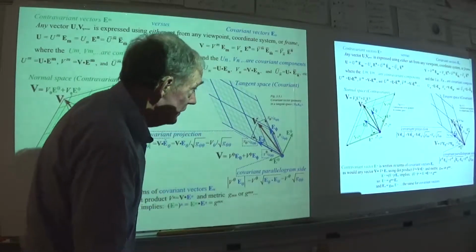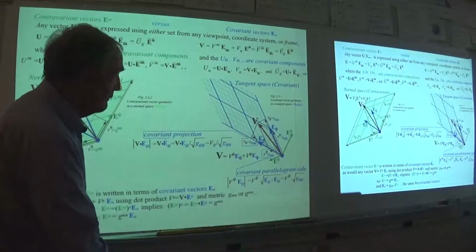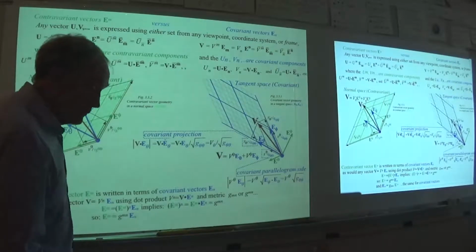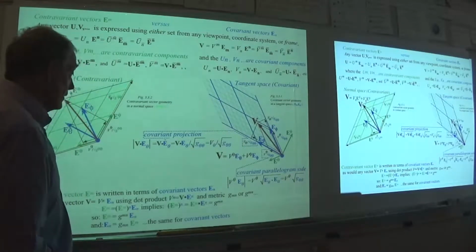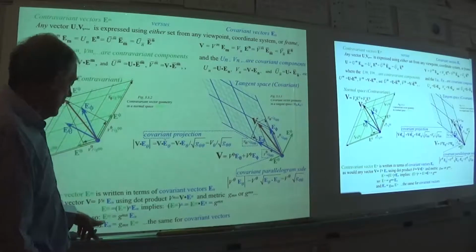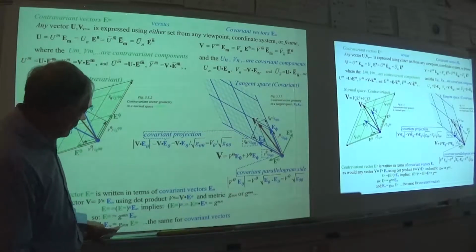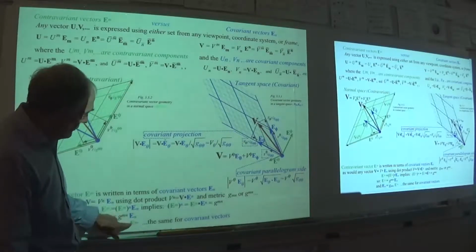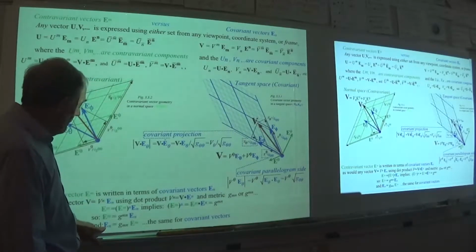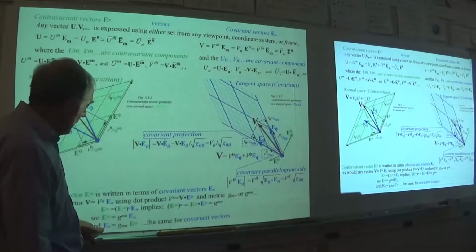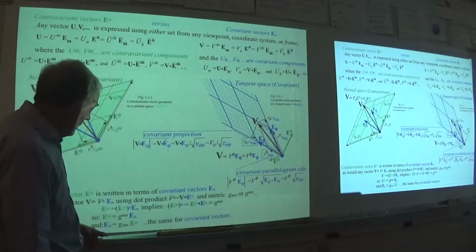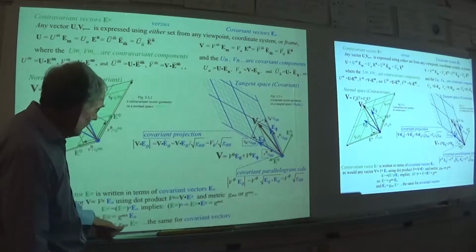There is one more thing here, the same for covariant vectors. To deal with a covariant vector in terms of a contravariant vector, you use the covariant metric. So the basic idea here is a sum over the m's brings me back to a particular covariant vector, the nth one. And this is a sum over m's on this side.